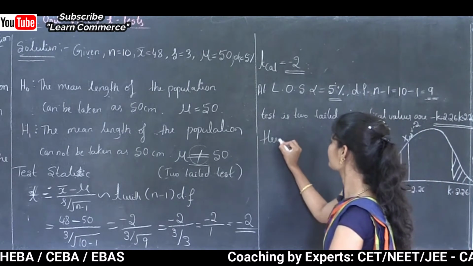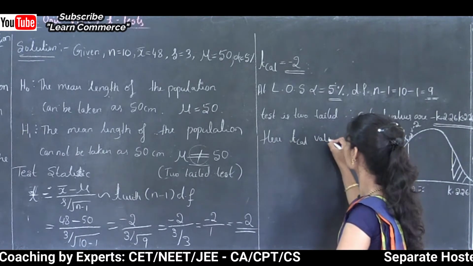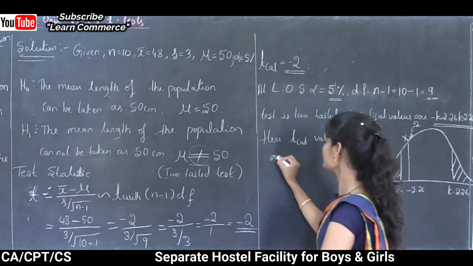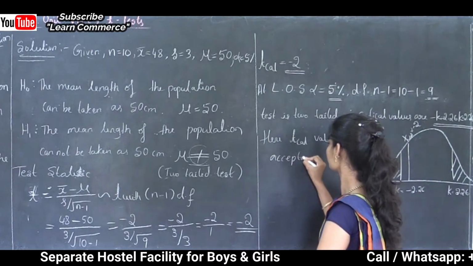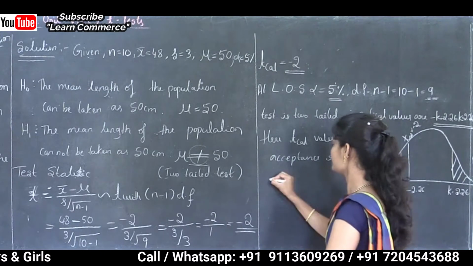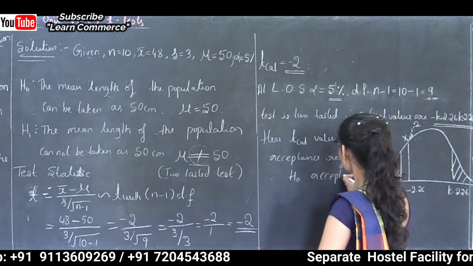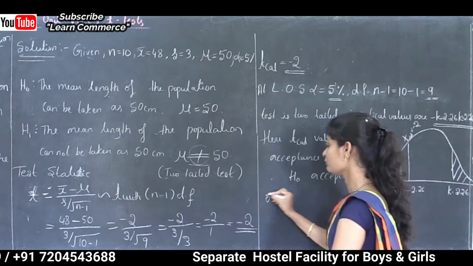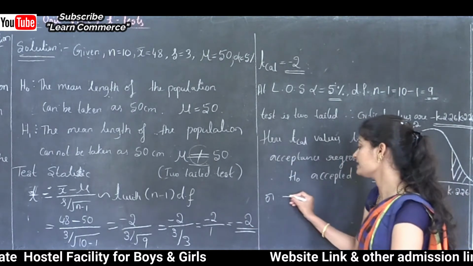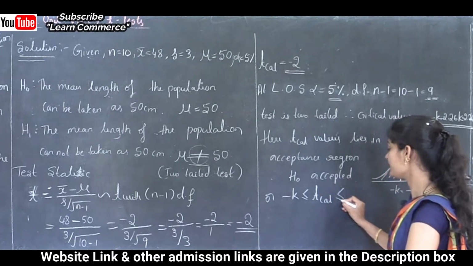Here the calculated value lies in the acceptance region. Therefore, H naught is accepted. Or there is one more condition. We know the condition of a two-tailed test: minus k is less than or equal to the calculated value, which is less than or equal to k.